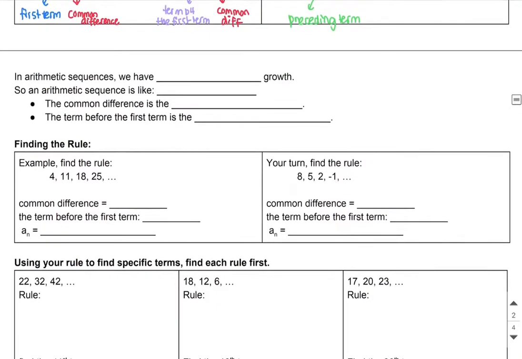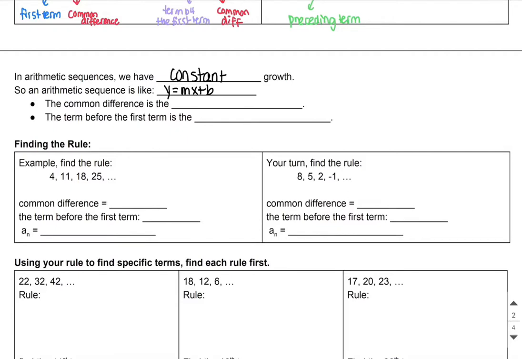All right, in arithmetic sequences, we have constant growth. So we have a constant growth, something we're adding each time. We've seen this before. An arithmetic sequence is like a line, y equals mx plus b.